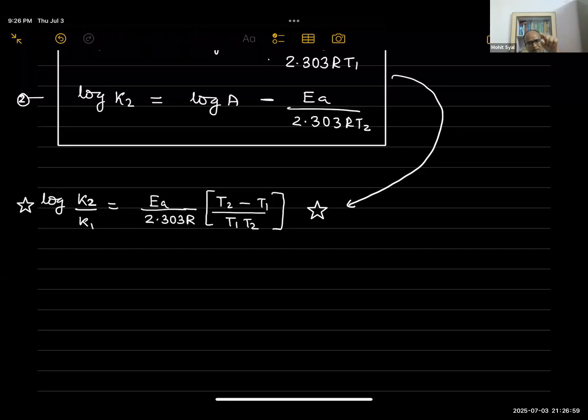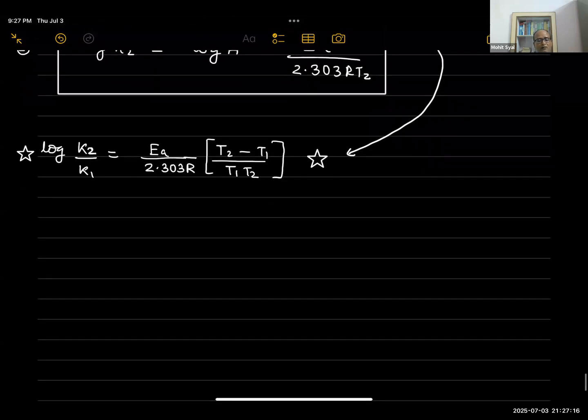You are going to put the value of activation energy, R, new temperature T2 and old temperature T1, T2 minus T1 by T1 T2, in Kelvin. You are going to put all these values and solve it for K2. Put T1, K1, T2, R, Ea, and get the value of K2. Is it clear or not?